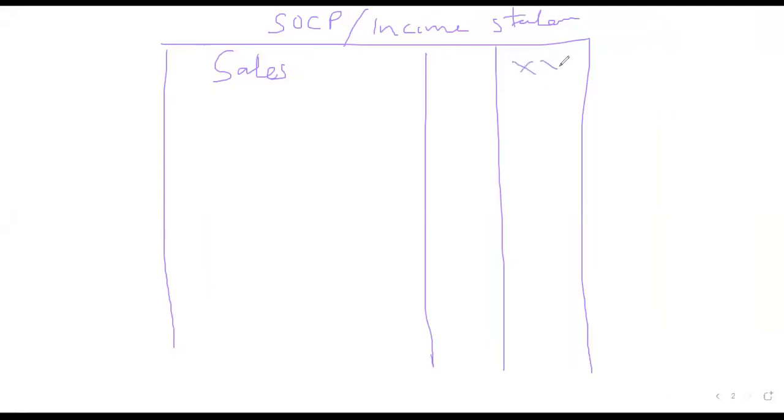Sales, less sales returns. Whenever we're listing in accounts, we put brackets to negate them. And the figure we're getting is called net sales, the turnover.